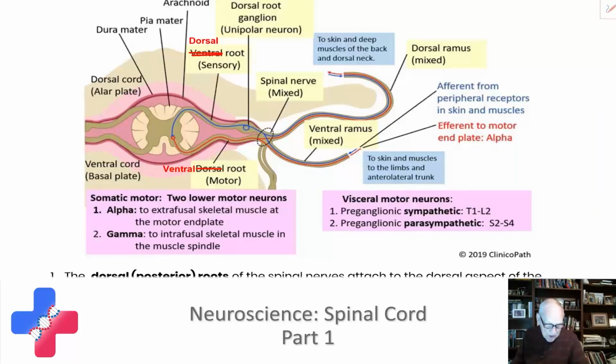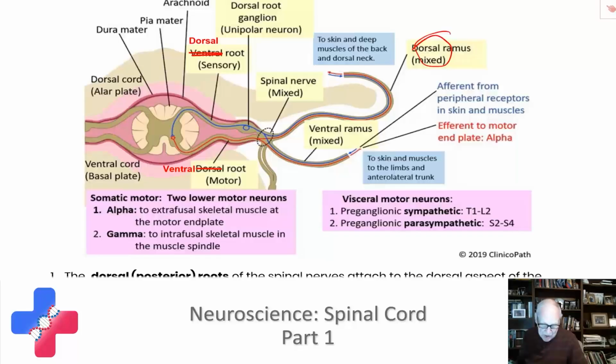Now, notice these are dedicated to different parts of your body. So you would not be surprised, the dorsal ramus is going to be dedicated to the back, to the dorsum. So this is going to be carrying innervation to and from the back.